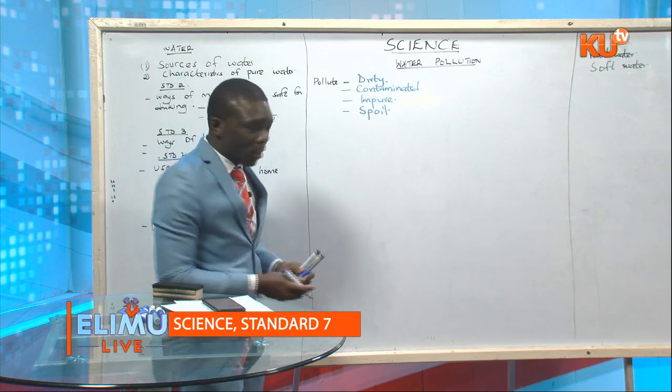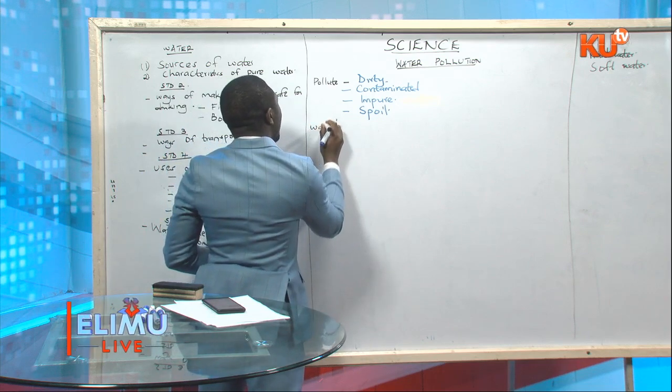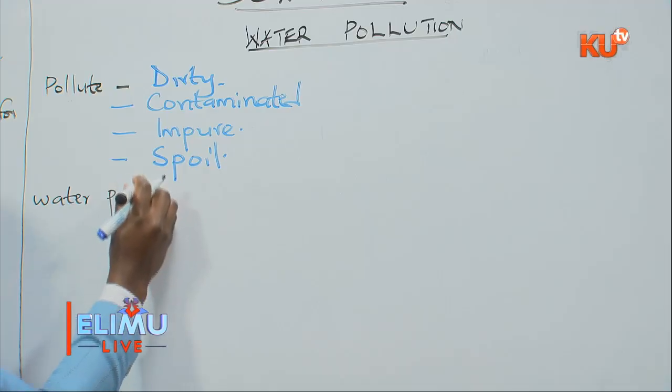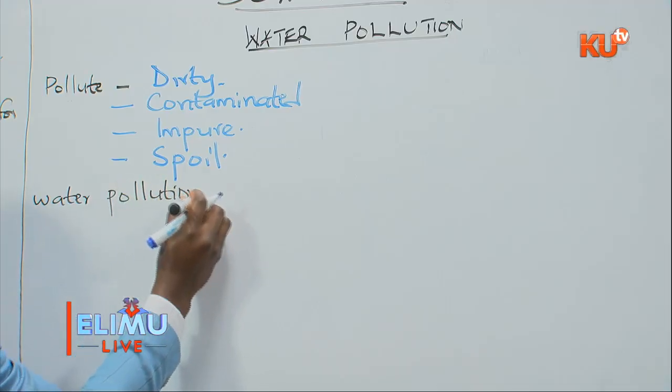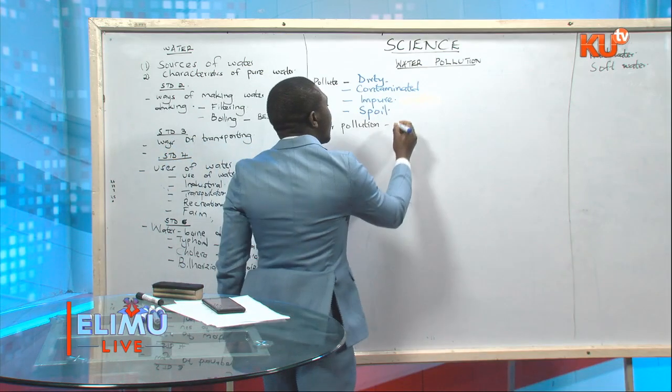Now we come to this thing called water pollution. Now what is water pollution? We want to combine these things here to find the definition of the word water pollution. Water pollution simply means the release of harmful substances into water.